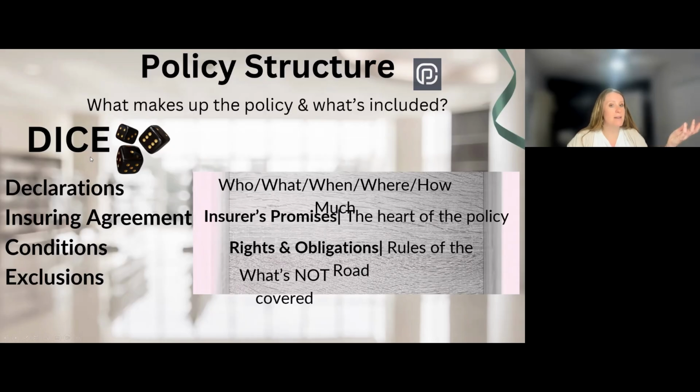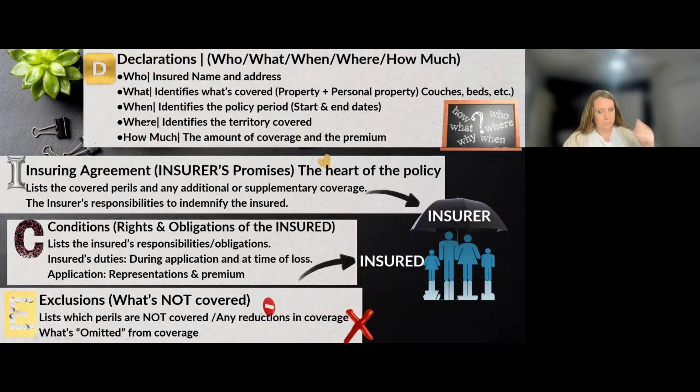So you'll just need to be able to identify that it's the declarations, insuring agreement, conditions, and exclusions. But then you'll also need to have an idea of what falls under each one of these sections. So let's talk in more detail about what falls under declarations, insuring agreement, conditions, and exclusions.